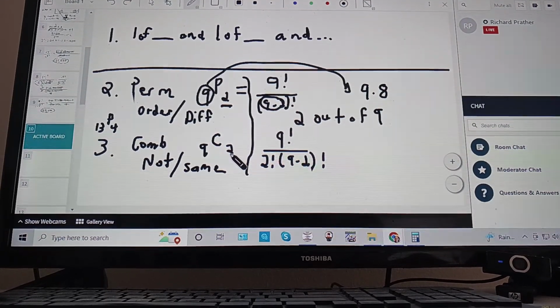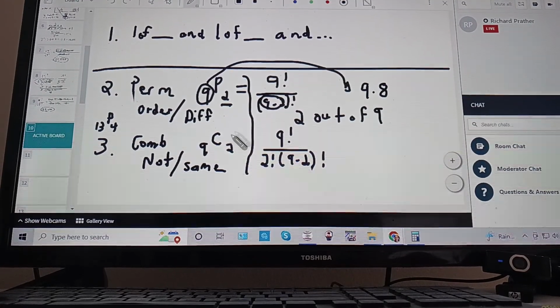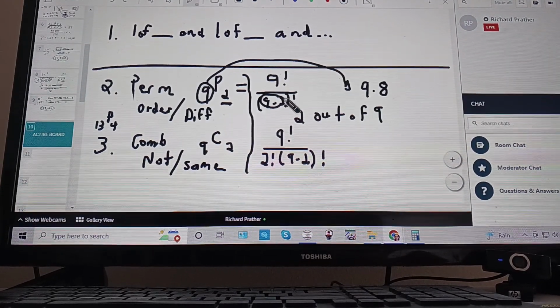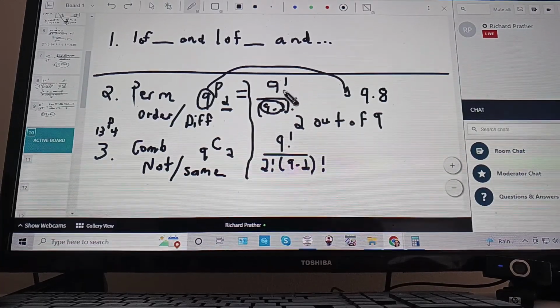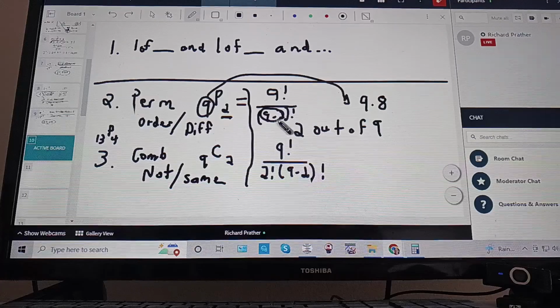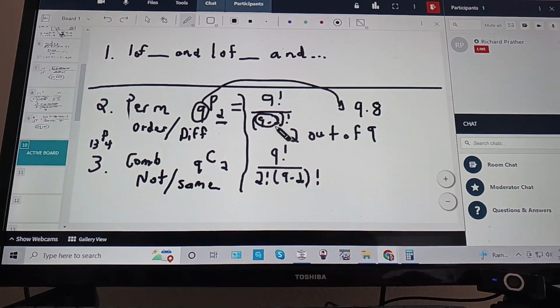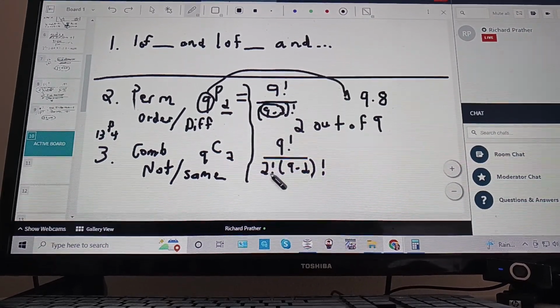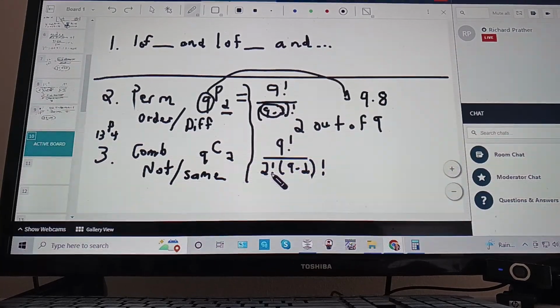You always put the bigger number first. And then the two formulas, they both have the bigger number factorial in the top, and then they both have 9 minus 2 factorial in the bottom, but combinations have the extra 2 factorial in the bottom.